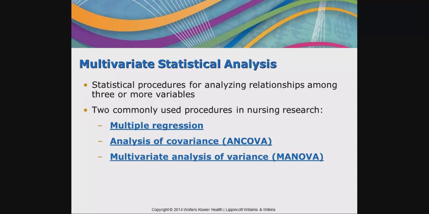And this is where you're looking at statistical procedures with 3 or more variables simultaneously. Multiple regression, the ANCOVA, the MANCOVA. And all they're trying to do is explain or predict a dependent variable within multiple independent variables.